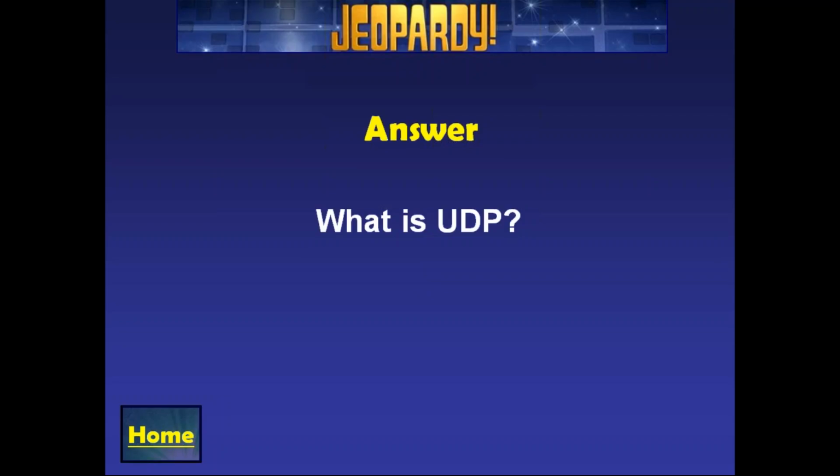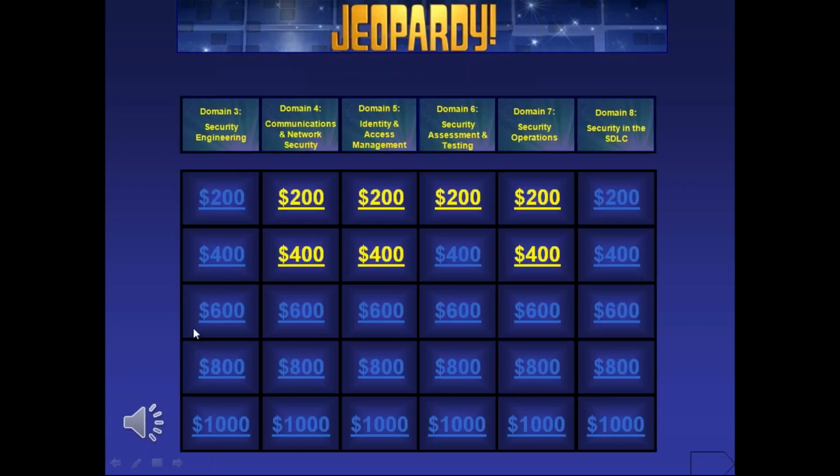It's usually compared to TCP, which they both work at the same OSI layer, and TCP has the three-way handshake so that two entities can be sure that they're communicating with someone before they communicate. UDP is usually used in instant messaging programs or things that send out broadcast messages. All right, Roger.